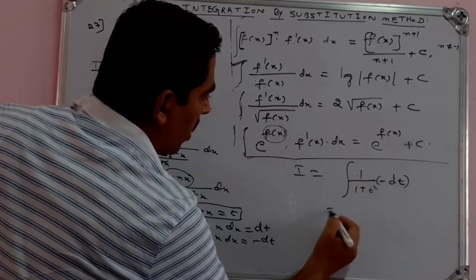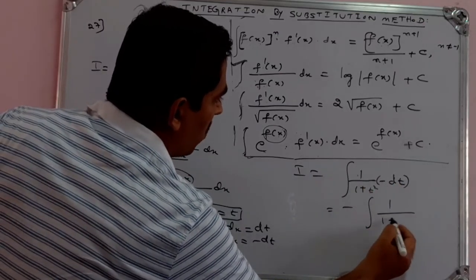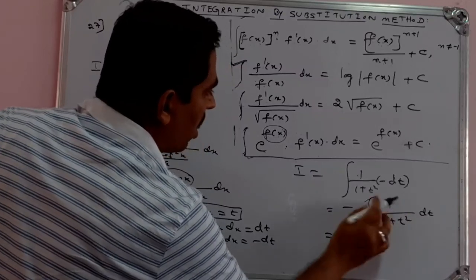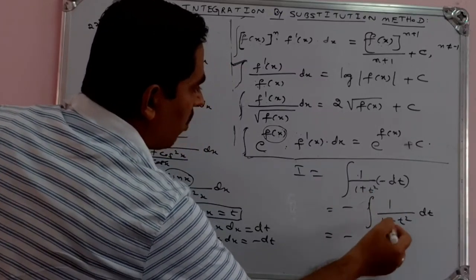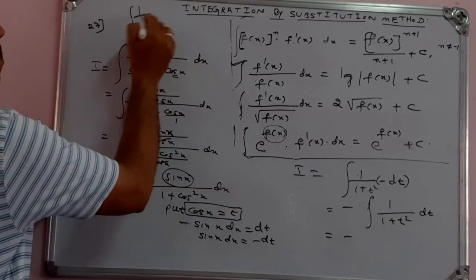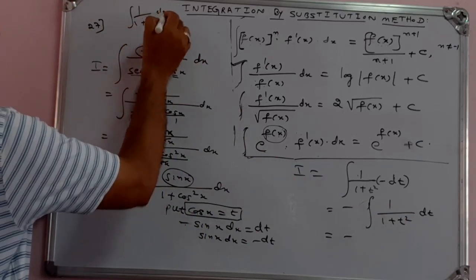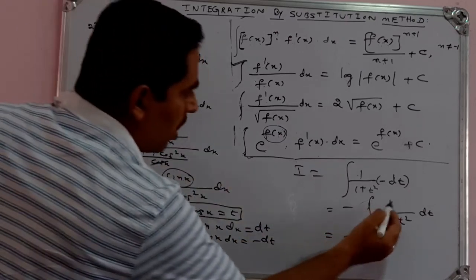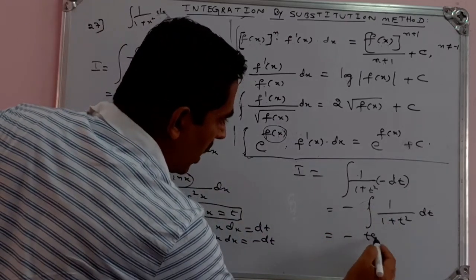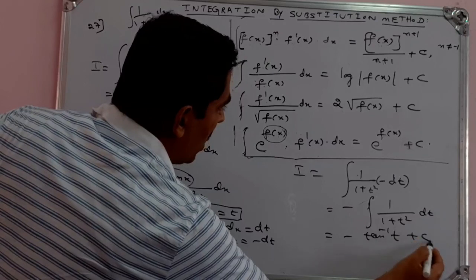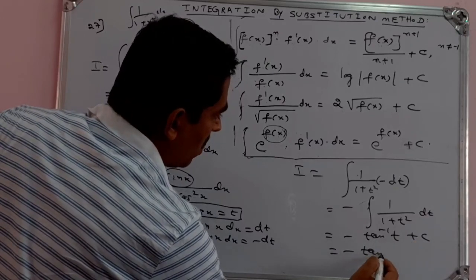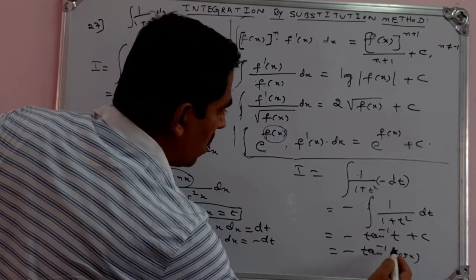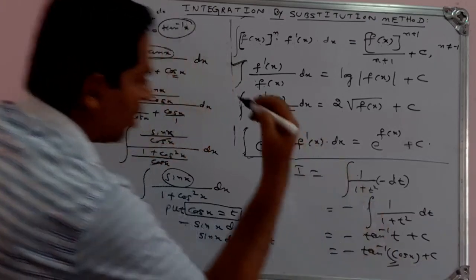This minus I will write outside: minus into integration of 1 by 1 plus t square into dt. What is the integration of 1 by 1 plus t square? By the formula, 1 by 1 plus x square integrates to tan inverse x, so 1 by 1 plus t square gives tan inverse t. With our substitution t, that is tan inverse of cos x plus constant of integration. This is our answer.